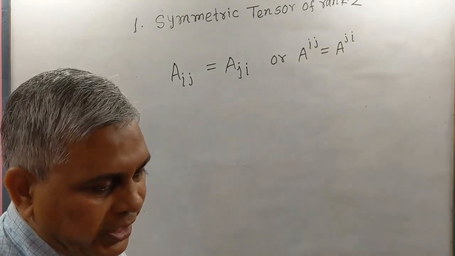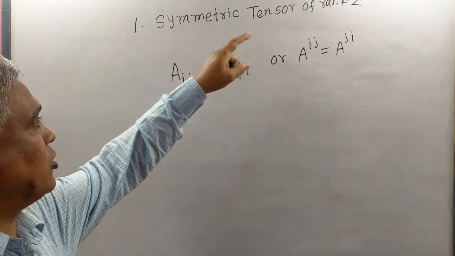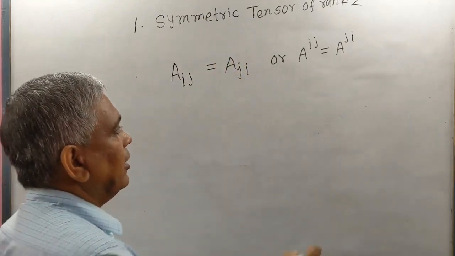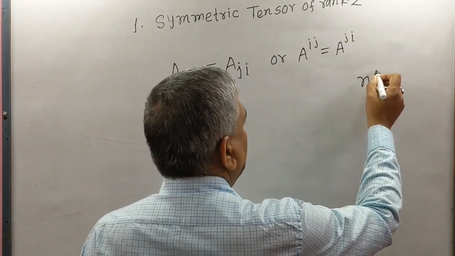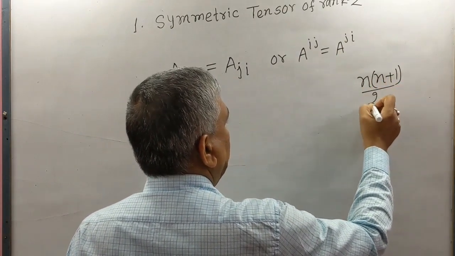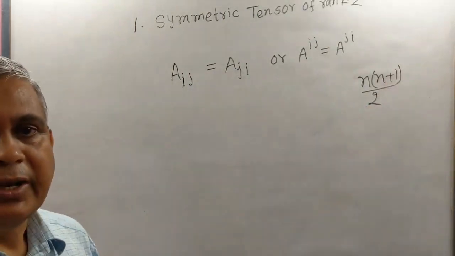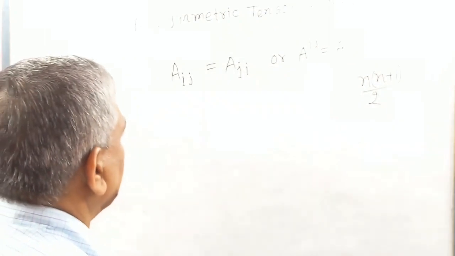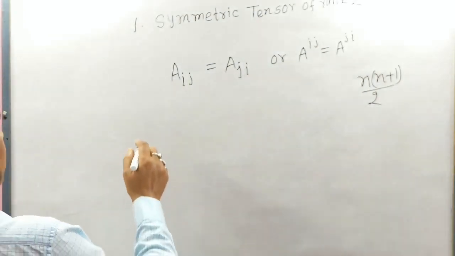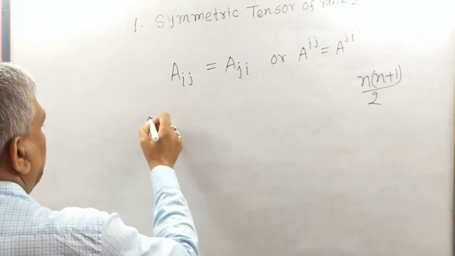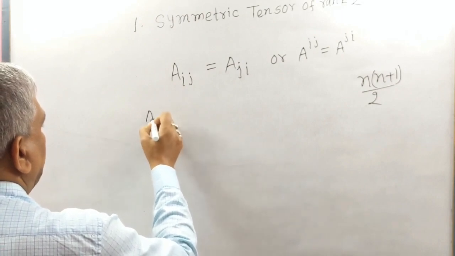Now we shall prove that for a symmetric tensor of rank 2 we get only n into n plus 1 by 2 independent components. Let us write the tensor of rank 2 in matrix form.